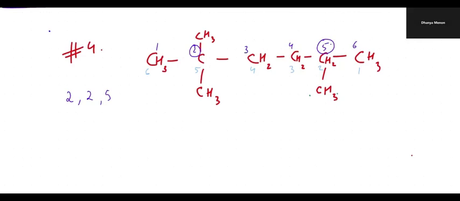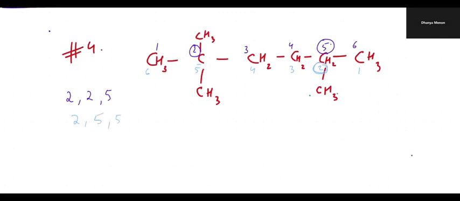Now, if you see the next numbering over here, you can see that there is branching at number 2. There's branching at 5. And at 5, how many branches are there? 2 of them.